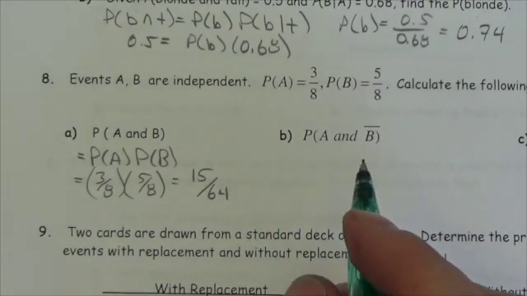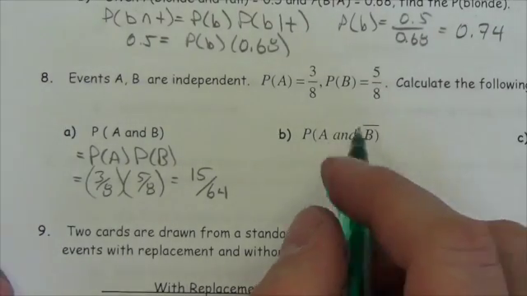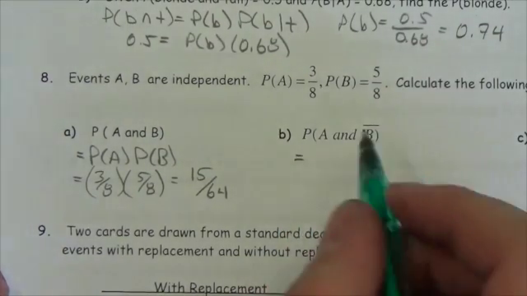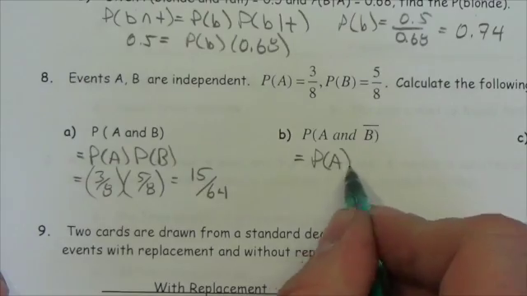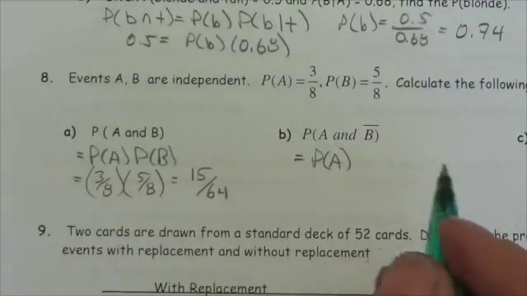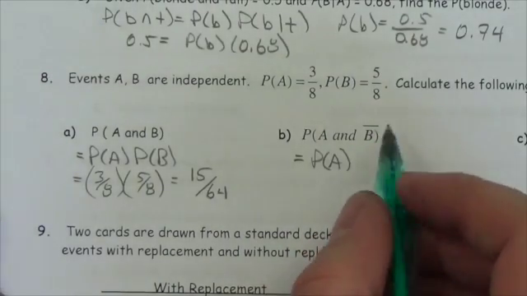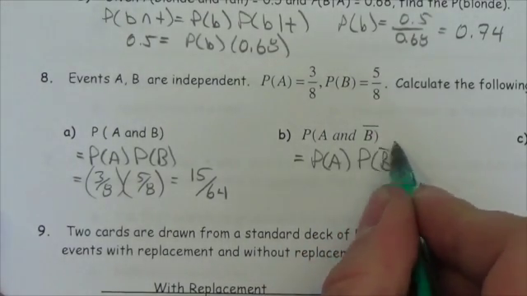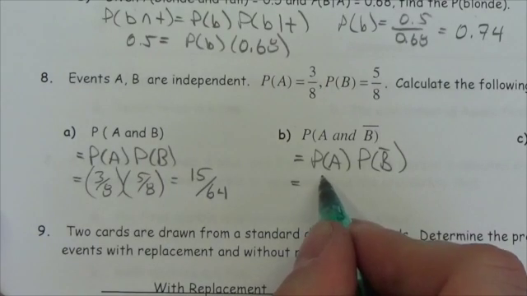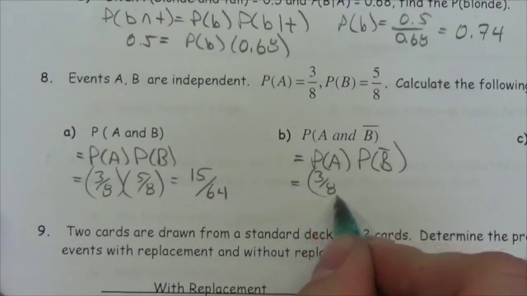Okay? Now, here, we want to figure out the probability of A and not B. Well, again, because we already assume that the events A and B are independent, we can assume that the negation of an event will also be independent. So now the probability that A occurs is 3/8.